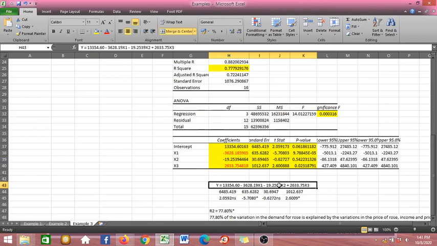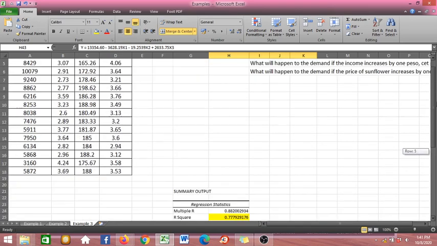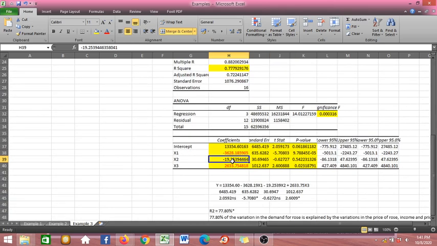And then x2 is the income. The coefficient that appeared here is negative. So, meaning, when our income increases, our demand for rose decreases. So, the result is that rose is an inferior good.